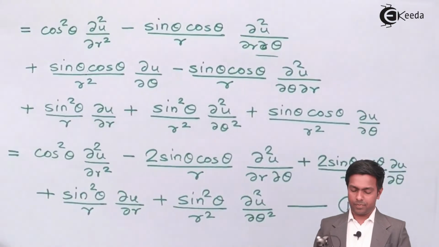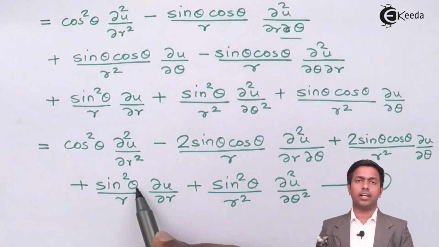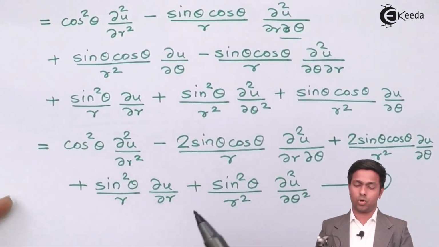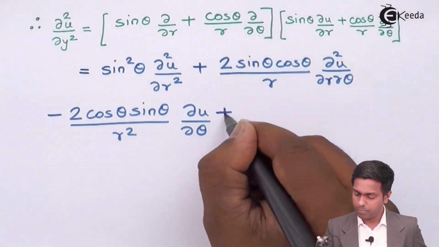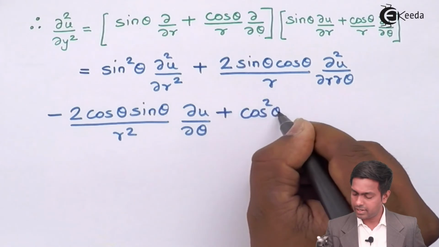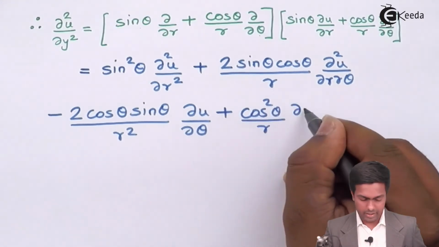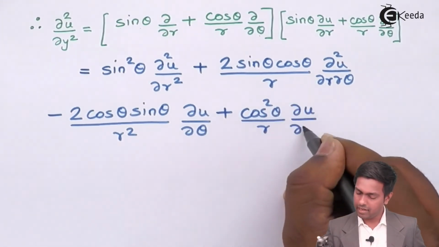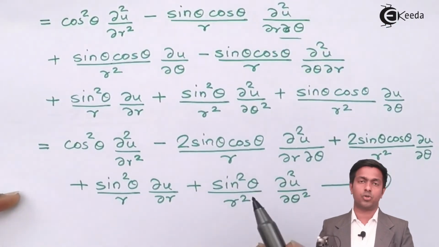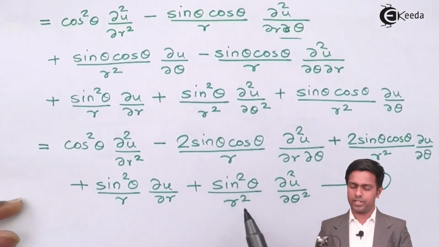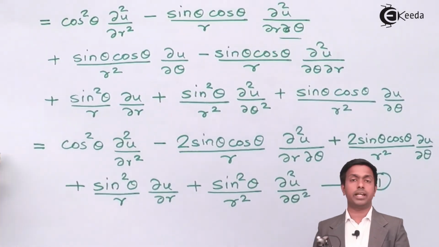Next, here we have sin square theta. Now we have changed sin theta to cos theta, so that will become cos square theta upon r del u by del r. So plus cos square theta upon r del u by del r, and here we have sin square theta, which will also become cos square theta. So cos square theta upon r square del square u by del theta square.